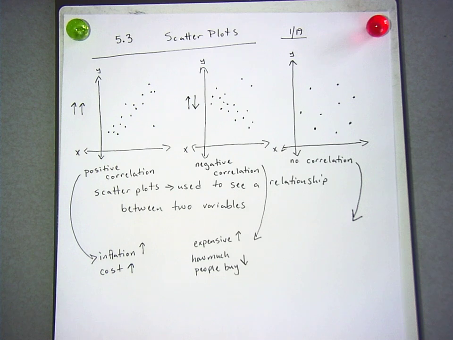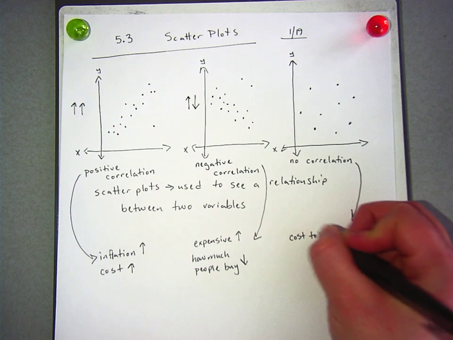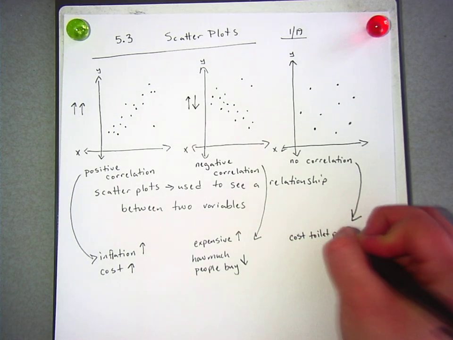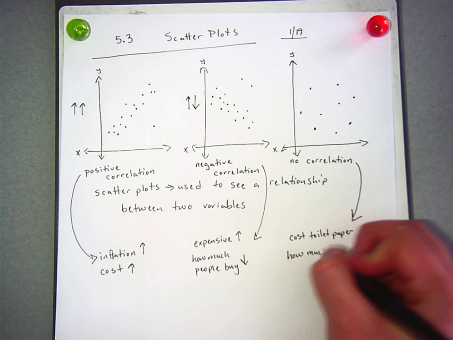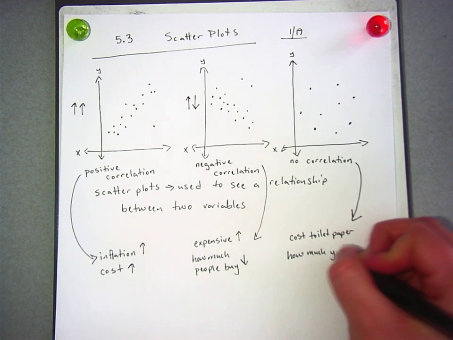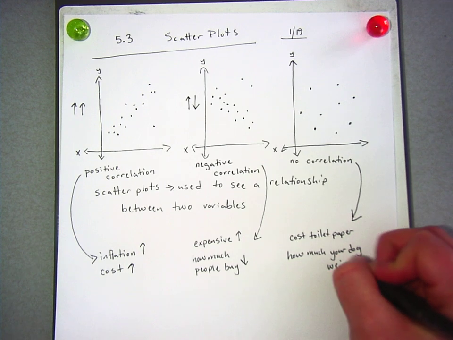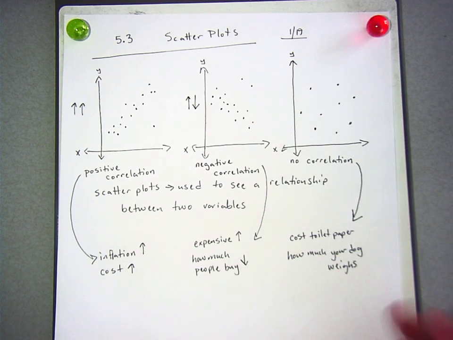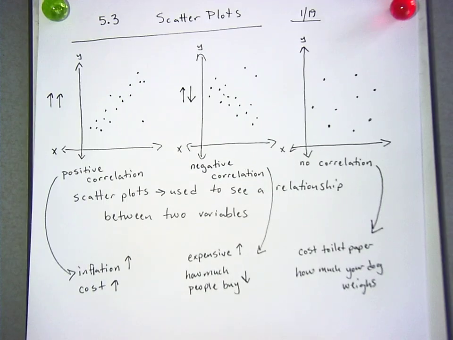The cost of toilet paper and my baby's dog. Cost of toilet paper and how much your dog weighs? Yeah. I really hope that as toilet paper prices go up, your dog doesn't get heavier, or opposite. Your dog's like, wait, how much does toilet paper cost? I cannot eat anything today. I'm so disgusted.